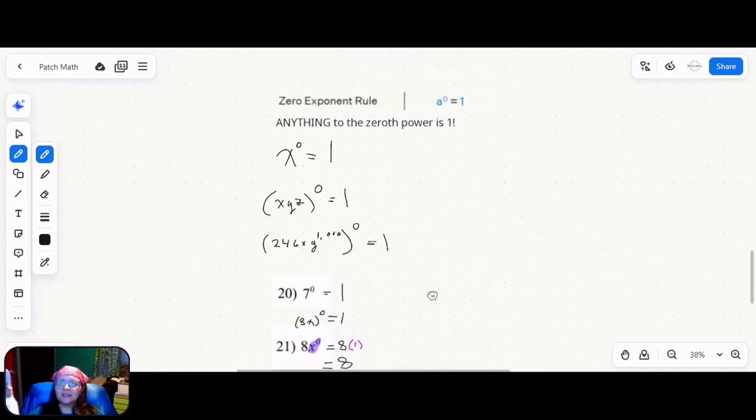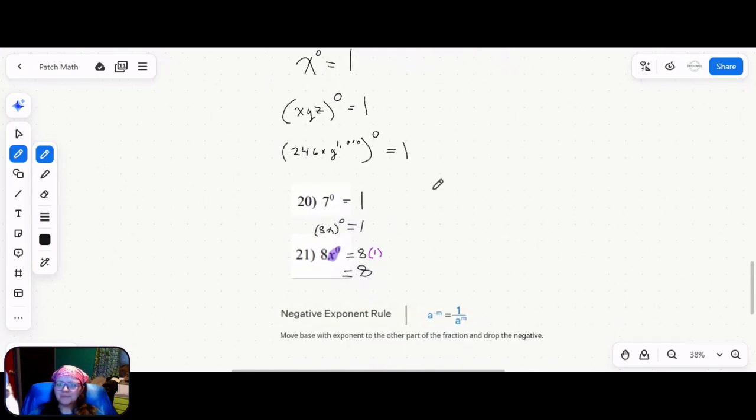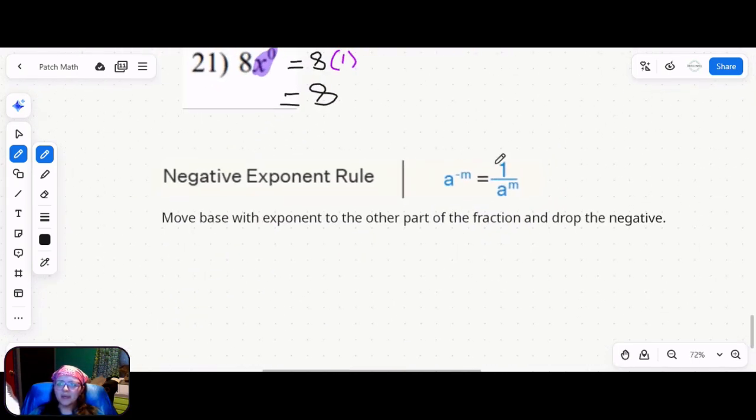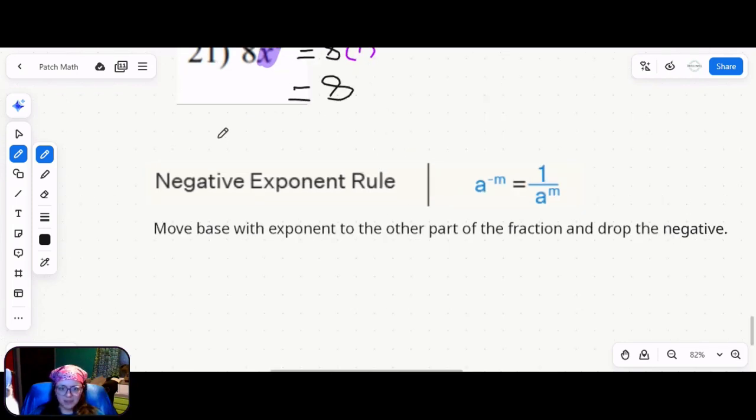There you have it, the 0th power rule. Now, let's look at the negative exponent rule. If you have a base raised to a negative exponent, there's a variety of ways we could define this, but I'm just going to go ahead and define it the way I like to. It says, hey, I'm in the wrong part of the fraction.